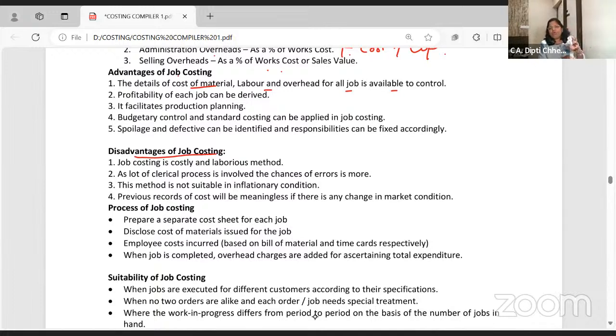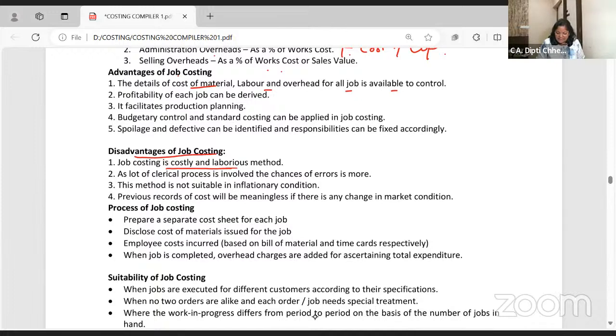Disadvantages: job costing is laborious and costly. For every job, you have to give the quotation. Have you seen an interior decorator or contractor giving quotation for every site? Recently, our housework is going on and the interior decorator is working simultaneously on 28 sites. So definitely he's going to post separately according to their requirement. So it is laborious, right?